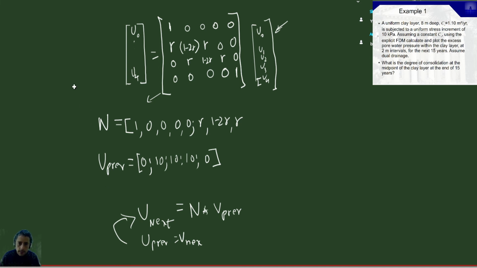So if we rename it and I want to change again my delta z here, I'll go to the original value of 2 meters just to make things a little bit faster, and delta t to a value of 1.